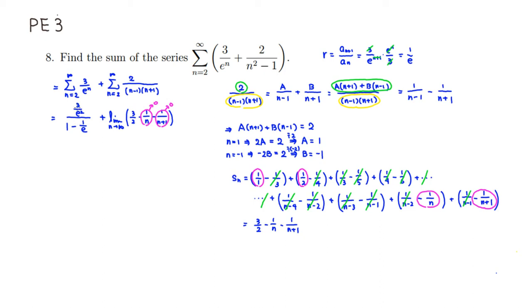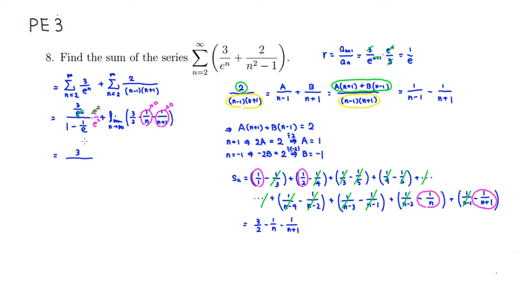Here, I don't like having a lot of fractions inside the fraction. I'm going to multiply top by e squared and also bottom by e squared. So what you end up getting would be, e squared and e squared cancel out, so you just get 3 on top.